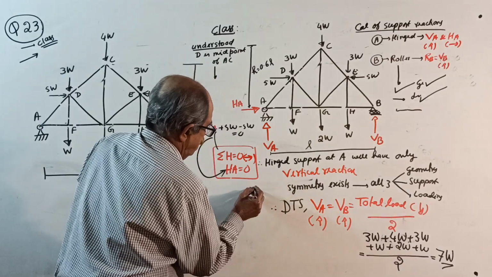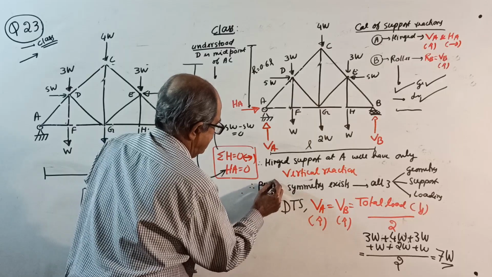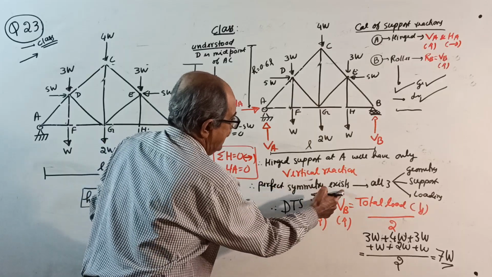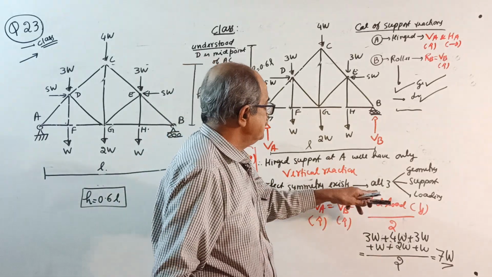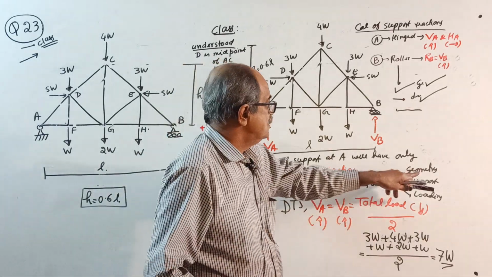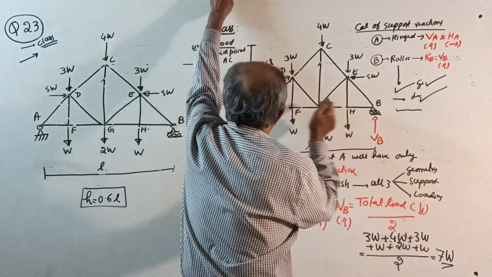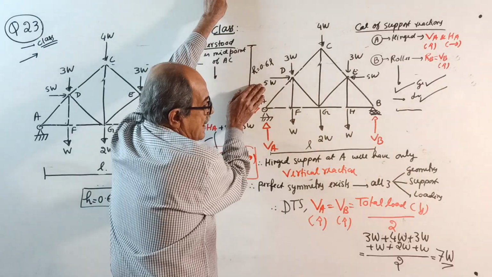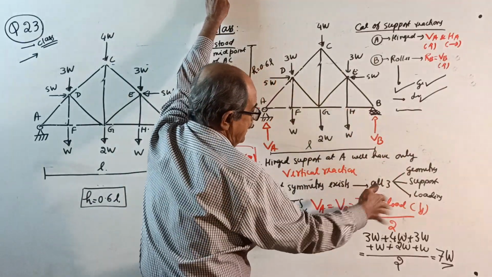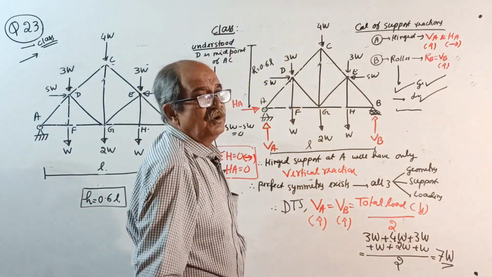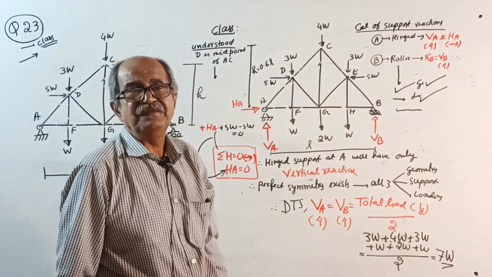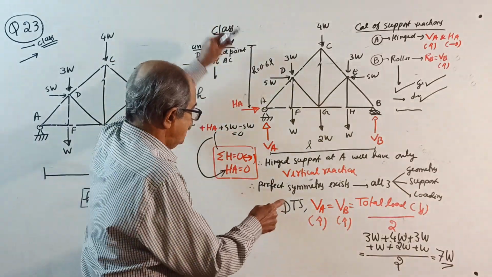Therefore, perfect symmetry exists. Which symmetry? All three. Geometric symmetry, see, same arrangement. Support symmetry, yes. And lastly, loading symmetry, yes. Therefore, since the perfect symmetry is there, don't waste time.